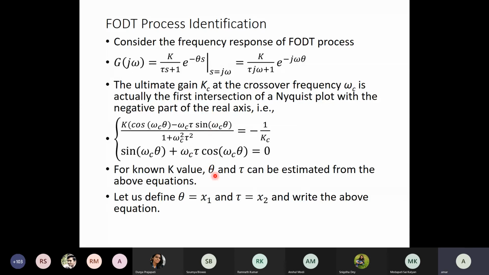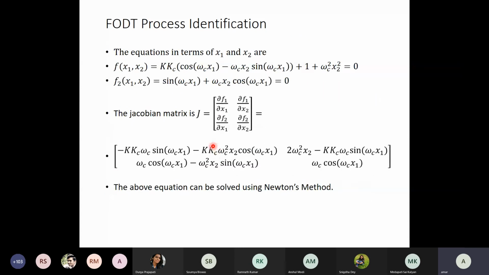So how can I solve it? It's a nonlinear equation. So I put theta equal to x1 and tau equal to x2, and I write these two equations in terms of x1 and x2. I write two functions, f1 and f2.